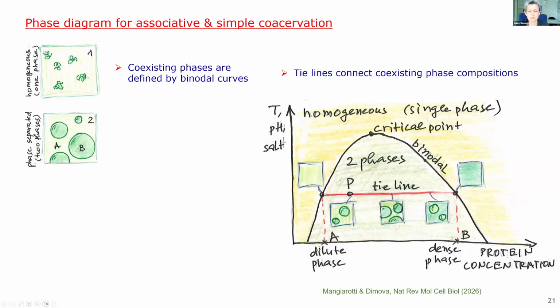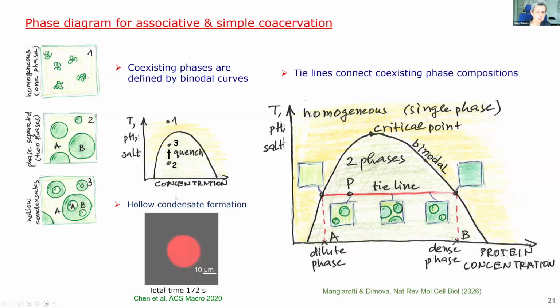And then I also wanted to mention the concept of hollow condensate. If you start, for example, here again, point 1, you have a homogeneous phase, you decrease the temperature and go to point 2, where you have this phase separation.